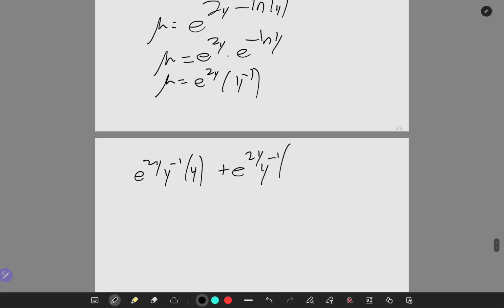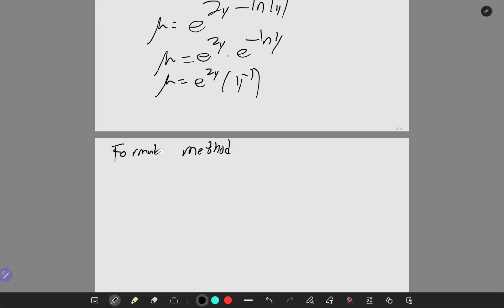Oh wait, I promised I'd do the formula method, right? The way I remember the formulas, with respect to x, you write the x term down first. It's always nx and my. So you write the nx term first. That's how I remember these.